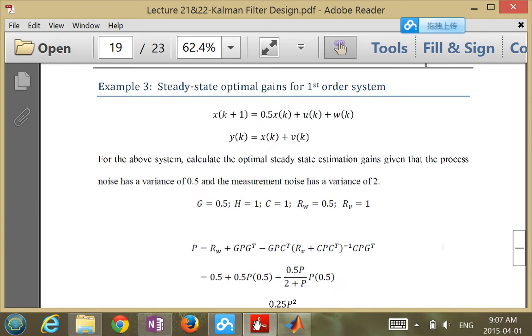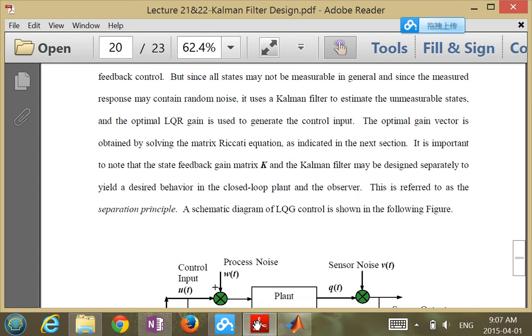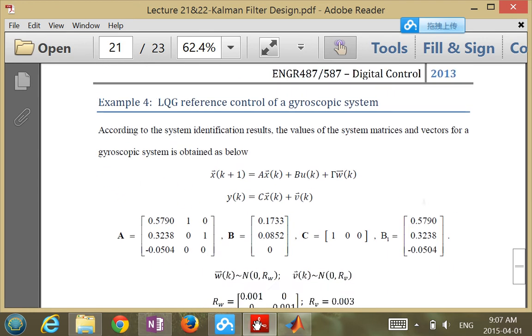There's a spinning disc, and you can hold the disc. The nature of the gyroscopic system is that when you have a disturbance or a change of orientation, the system tries to maintain its orientation, its stability.